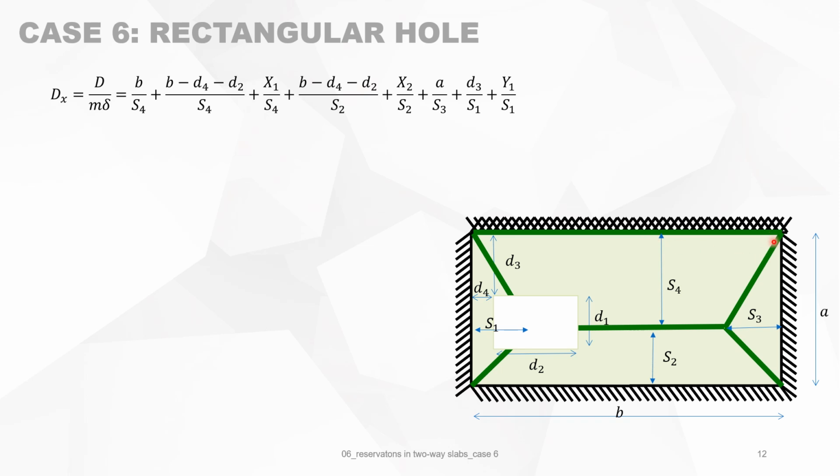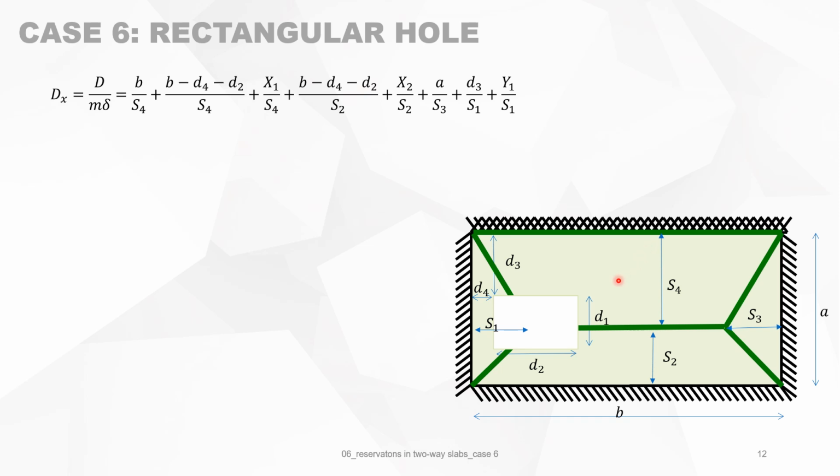The next one is this portion of the yield line projected to this axis, where the reservation is, the yield line is cut. So we got a total distance from there to there, which is b minus d4 minus d2 divided by the rotation angle, which is over s4.